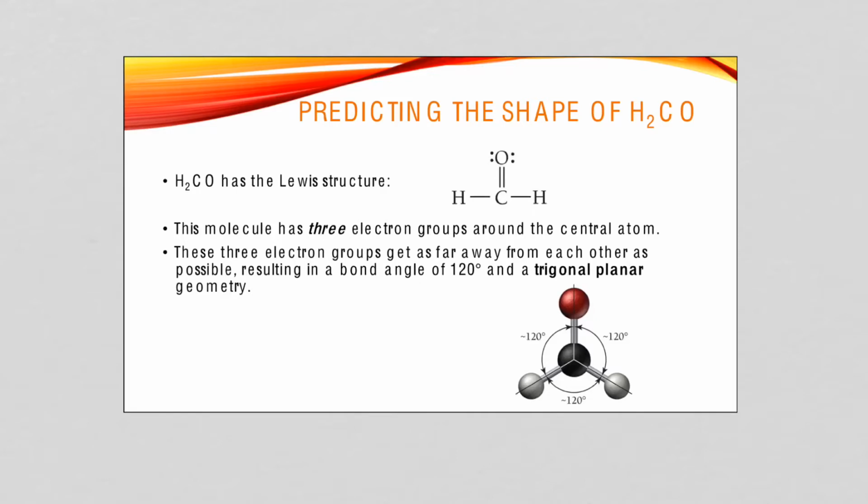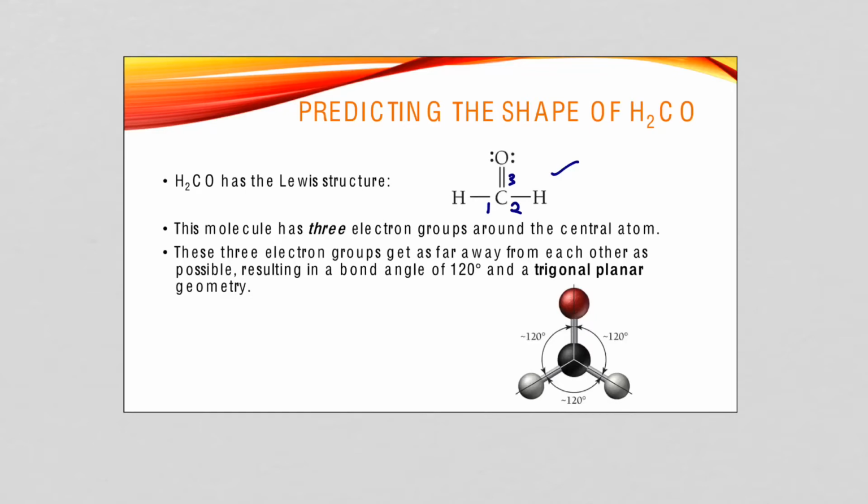If we go to another molecule, this is H2CO, the Lewis structure looks like this. And if we notice, we have 1, 2, 3 electron groups around our central atom. So we have 2 single bonds and a double bond.